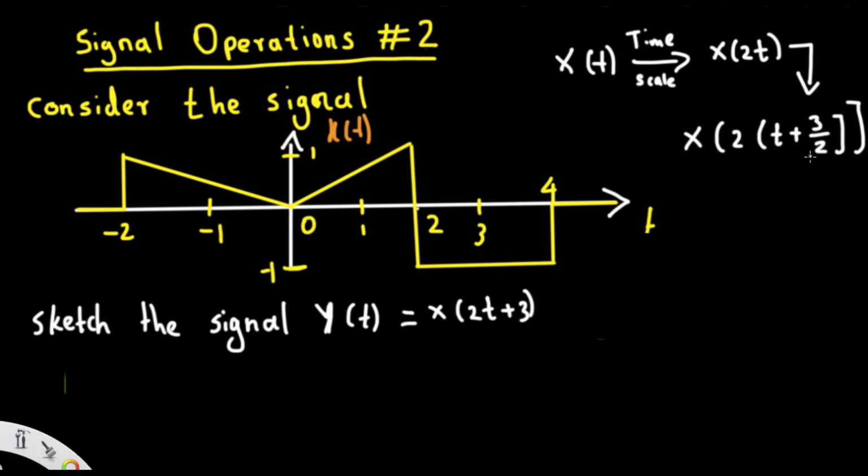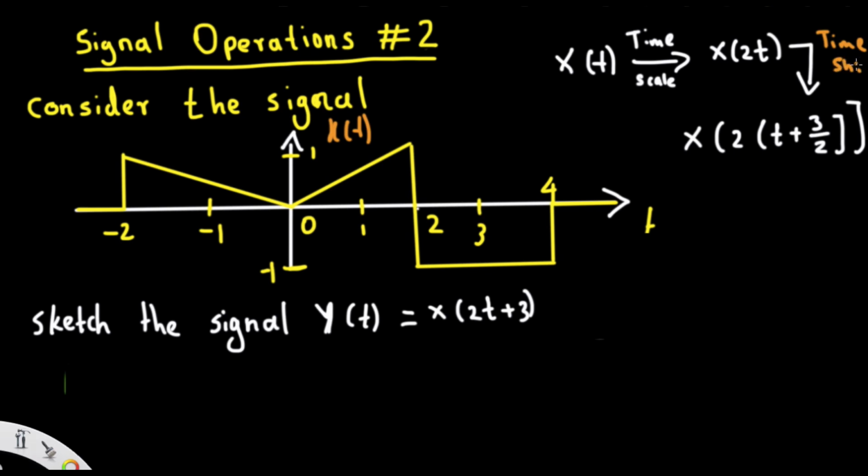That's why this is complicated, because if you are doing time scale first, that's going to be a little bit different like this. We have to make the equation so that when we multiply by 2, it should bring the same thing again. So that's the only thing we have to be careful about, and other than that everything is exactly the same. Here what we are going to do is time shift.